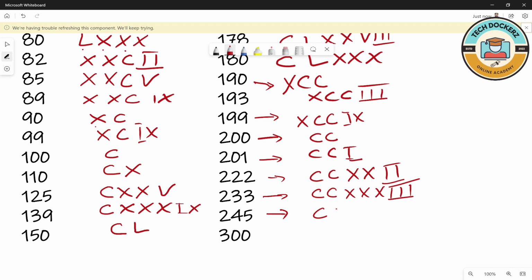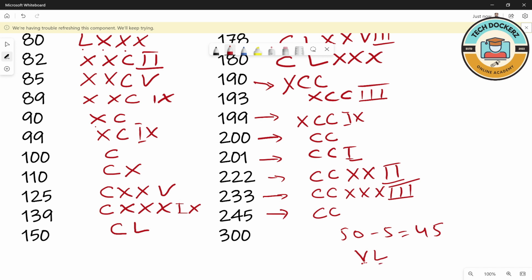245? CC represents 200, and now how can we write 45? 50 minus 5, which represents 45. So in Roman numbers, how can we write it? VL represents 45. V stands for 5 and L represents 50.